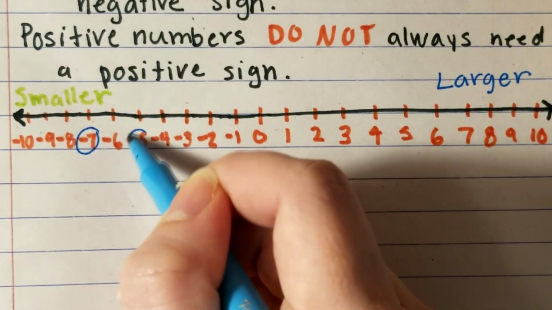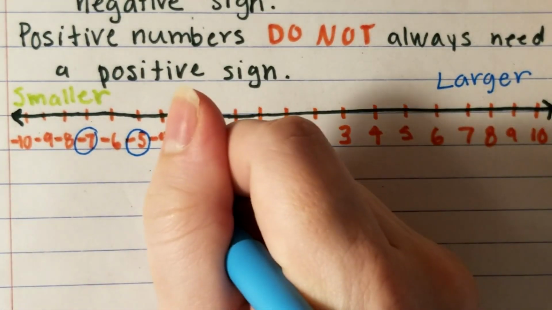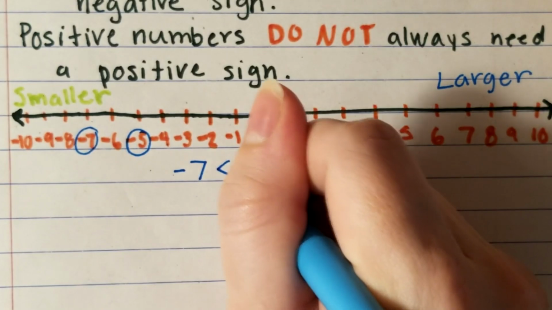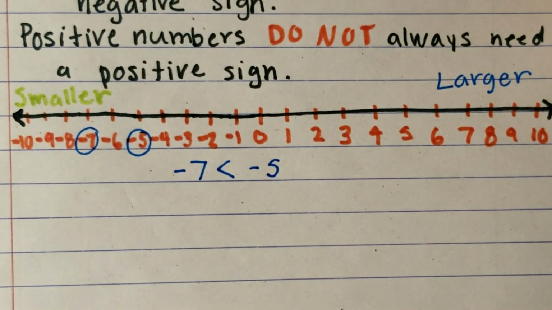Now let's go back to -7 being smaller than -5. Let's say, if having more money is better than having less money, would you rather owe $7 or owe $5? Since -7 is further than -5 from 0, it is considered smaller.